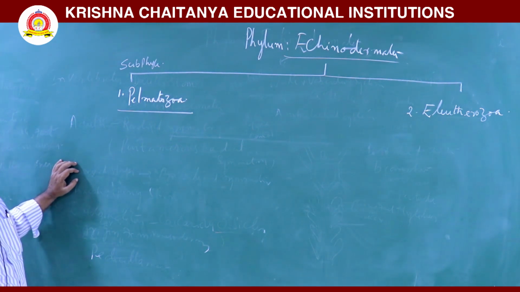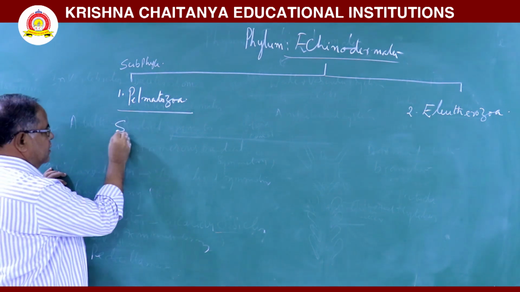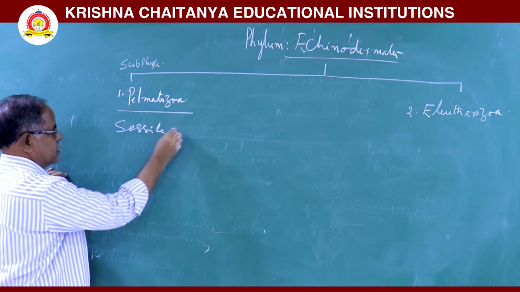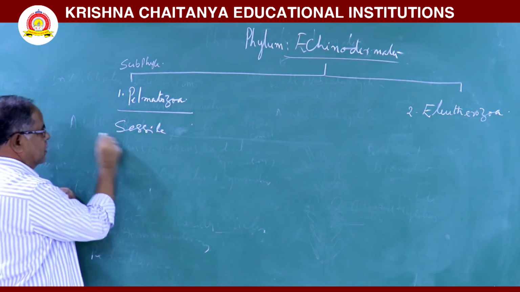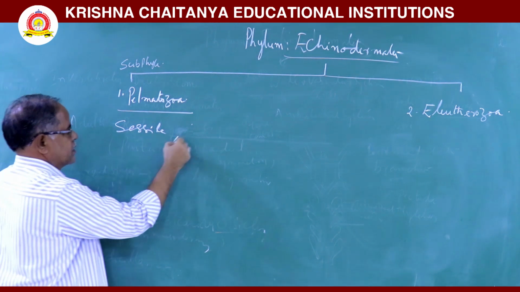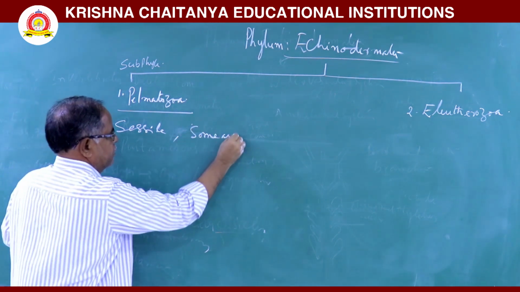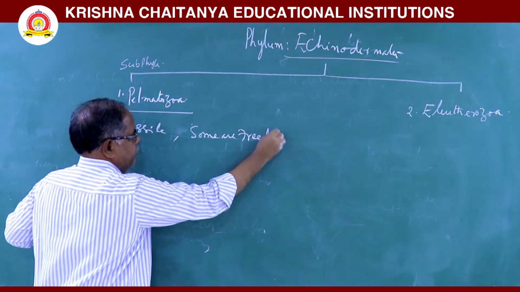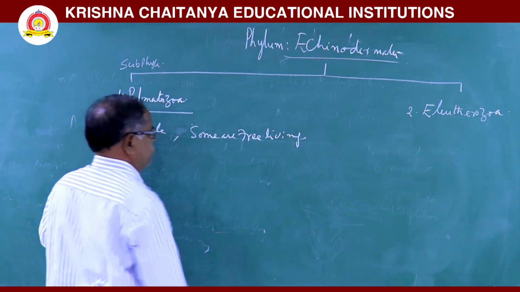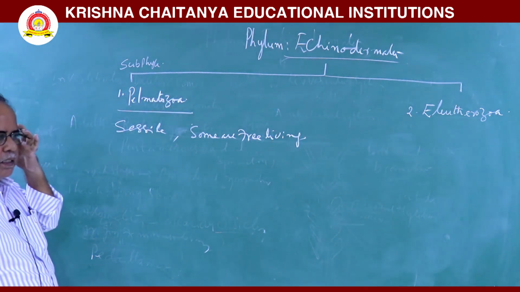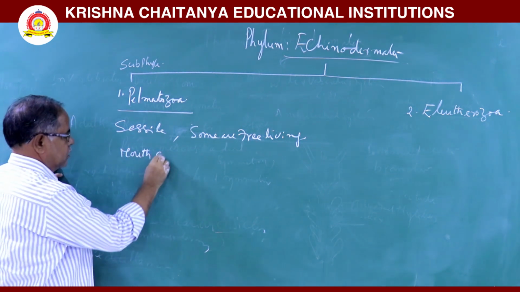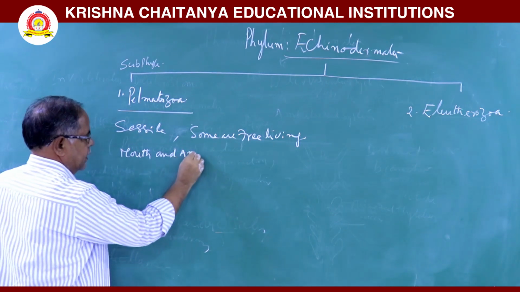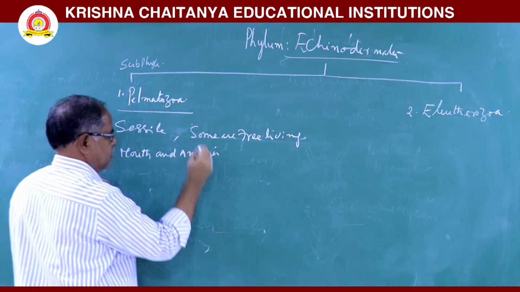In this subphylum, some animals are sessile and some are free living. In these animals, mouth and anus are present on one side.